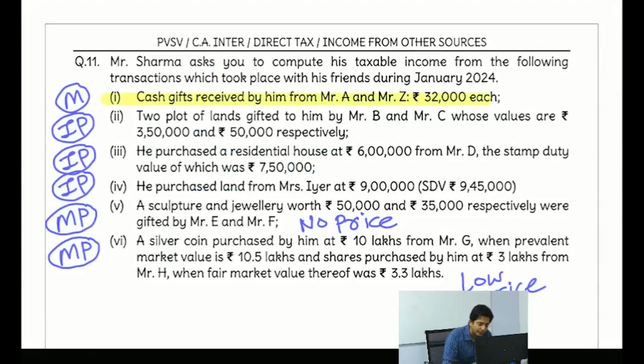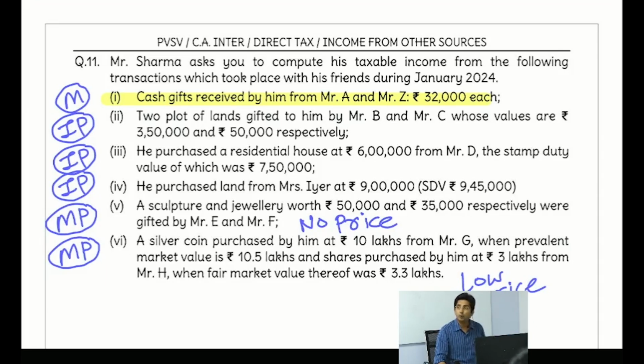Then last point, try. Silver coin purchased by him at 10 lakhs from Mr. G, when the prevalent market value is 10 lakh 50,000. Means market value is 10 lakh 50, but you paid only 10 lakhs. So it is cheaper, low price. Then shares purchased by him at 3 lakhs from H, whereas the market value is 3 lakh 30,000.